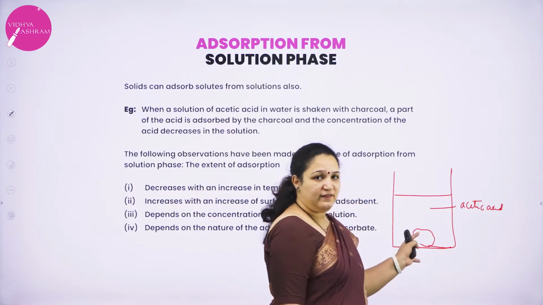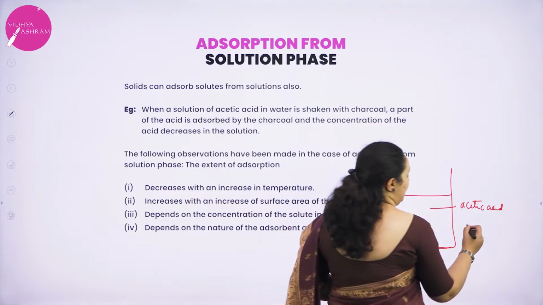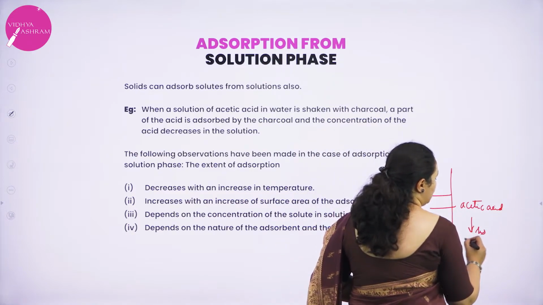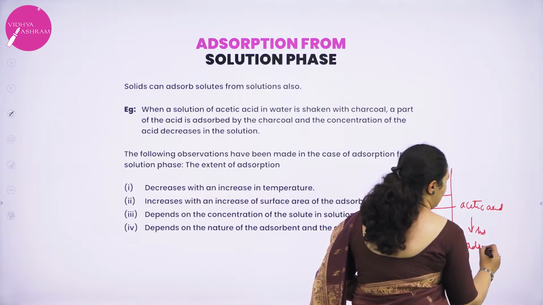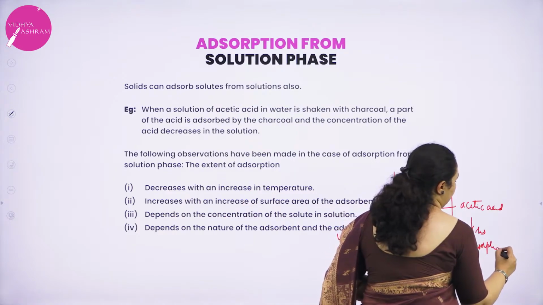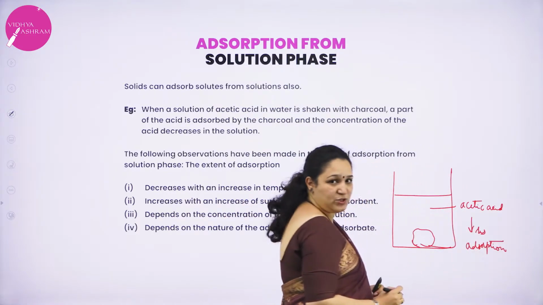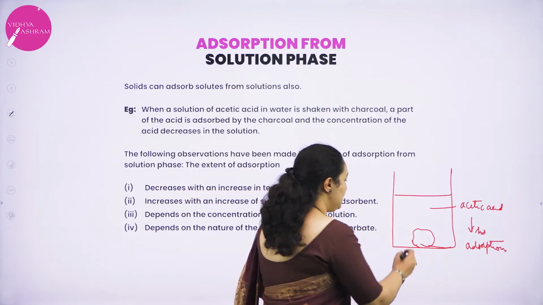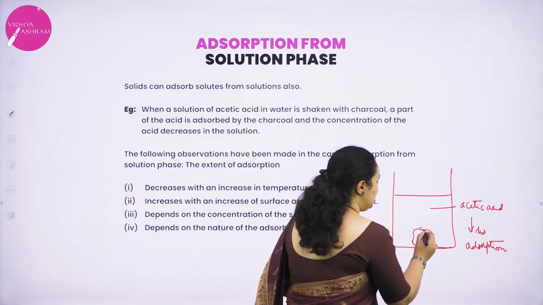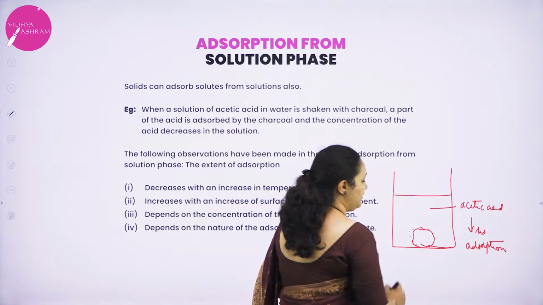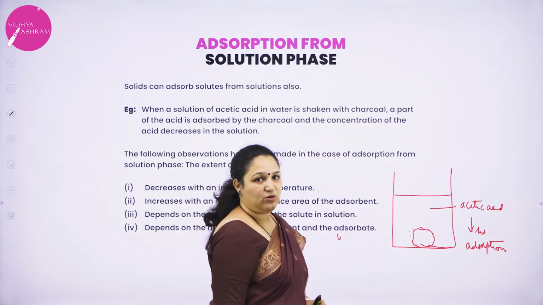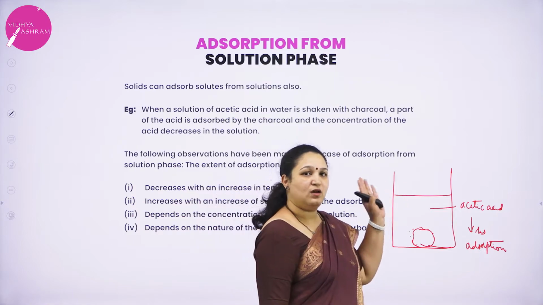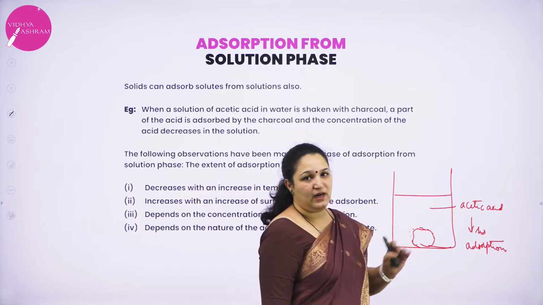After adding activated charcoal, the acetic acid concentration reduced. That is because of the adsorption process. Correct? Due to adsorption, the concentration of acetic acid reduced. That is, the particles of acetic acid got adsorbed on the surface of the activated charcoal. That's why the solution concentration of acetic acid reduced.